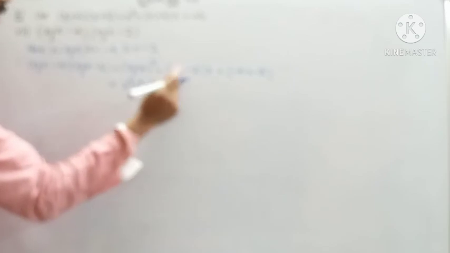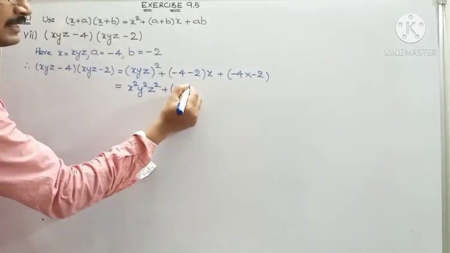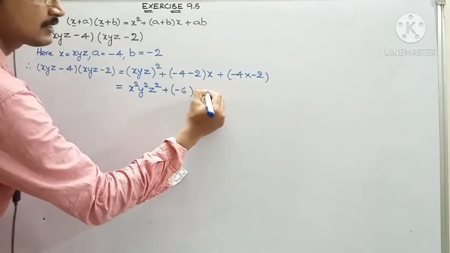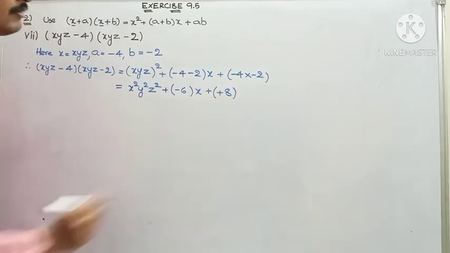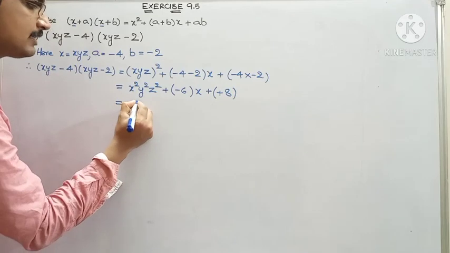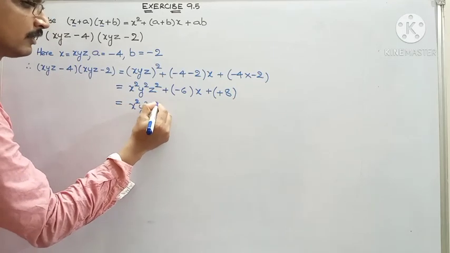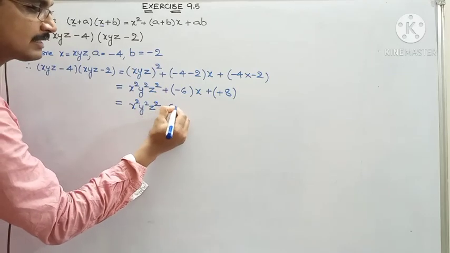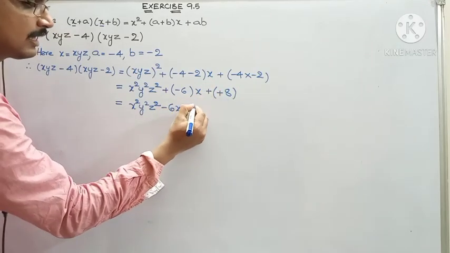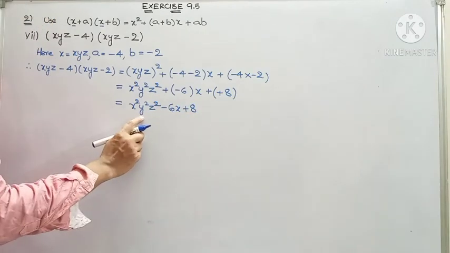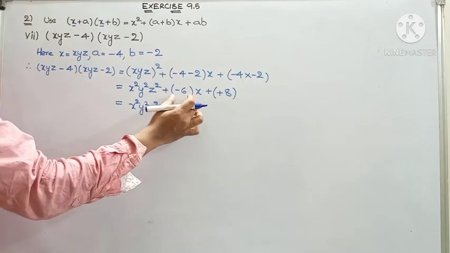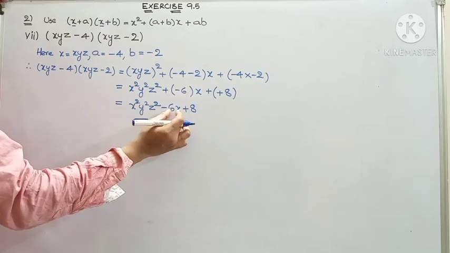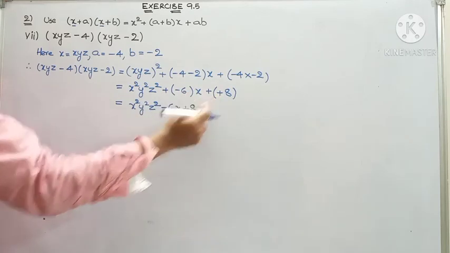Plus of −4 − 2, −6, multiplied by x, plus −4 into −2, plus 4 2s are 8. So the final answer: x²y²z² − 6x + 8.